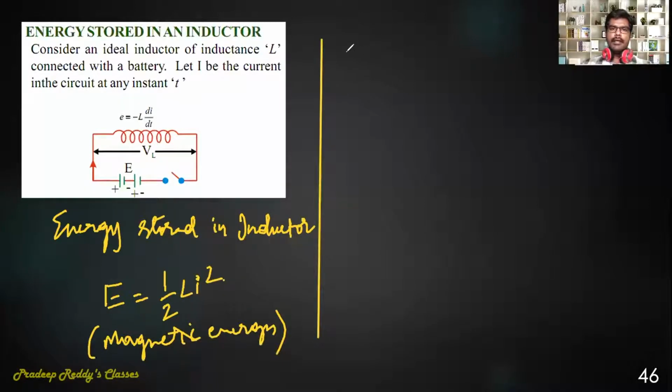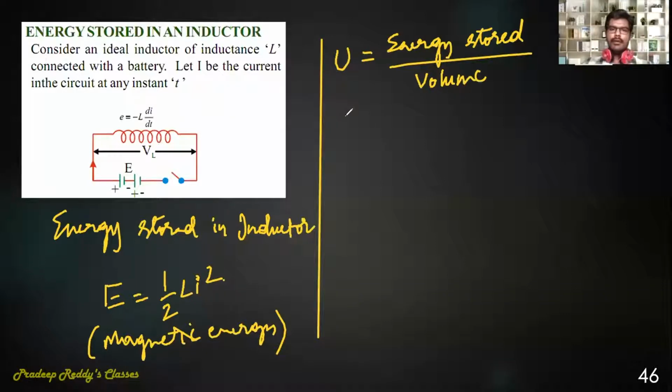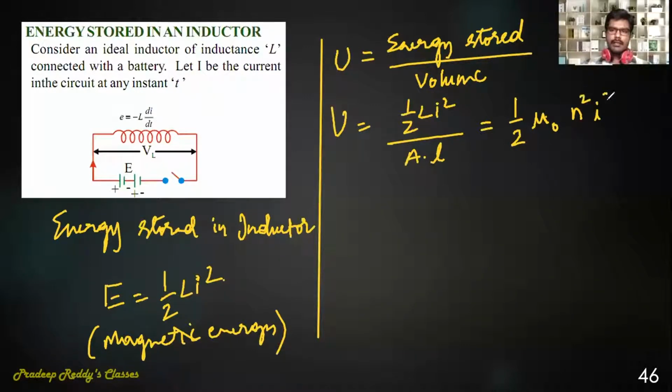And energy stored per unit volume. Energy stored per unit volume, U, will be equal to energy stored, half L I square, divided by volume, which is equal to area of cross section into length.